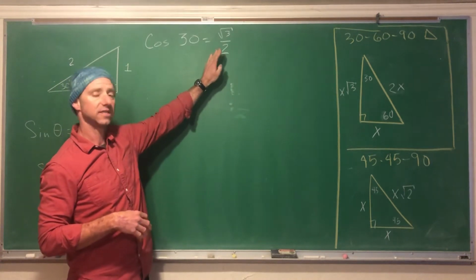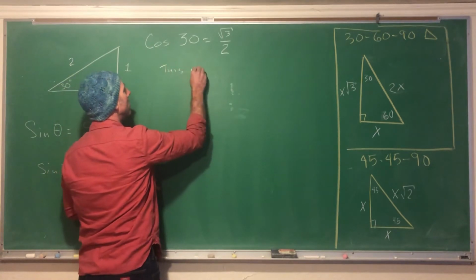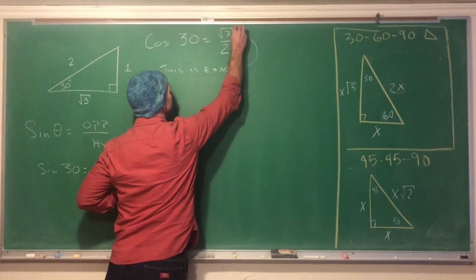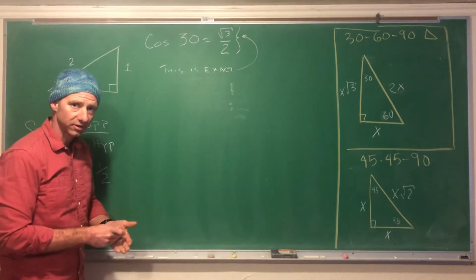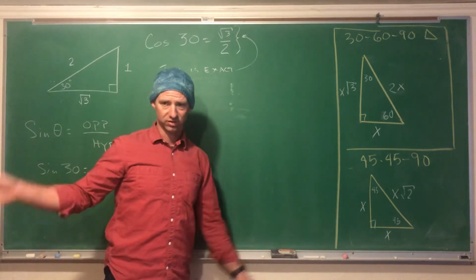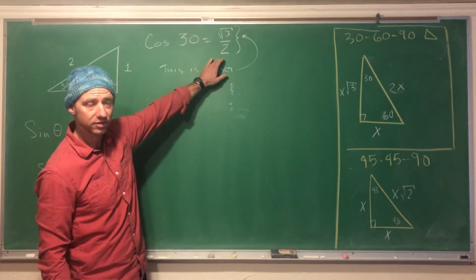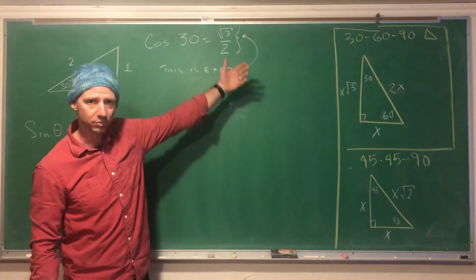However, this is the exact answer. Okay, that's exact. Again, if you go up on your calculator, you type in cosine 30, you get 0.866, something like that. Well, this is the right answer. This is the answer that I'm going to be expecting to be shown, not a decimal.